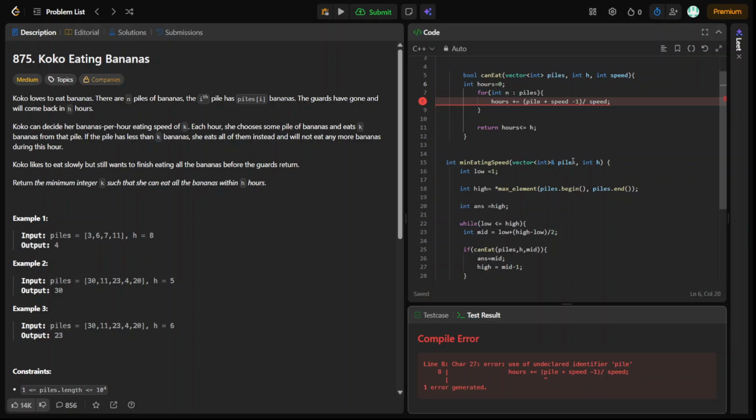So the time complexity would be n into log of max pile, because we are doing binary search on the max pile, and n is the number of piles in the question.